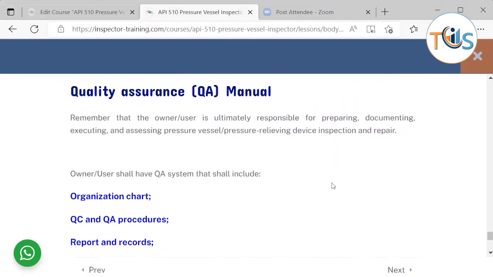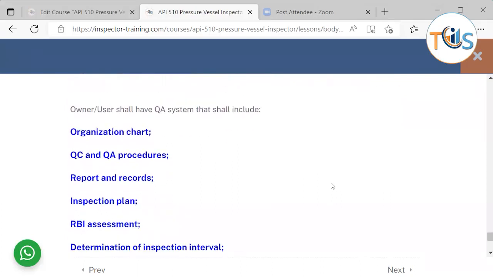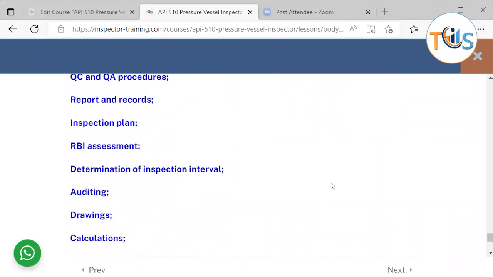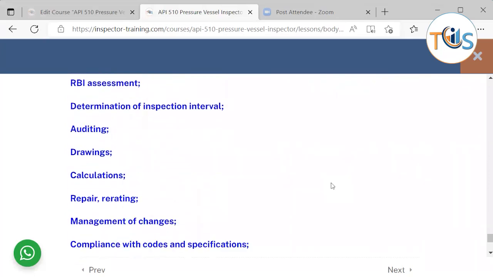The quality assurance manual is a quality management system, and it includes the org chart, procedures, reports, resources, and plan. If there was any RBI assessment, determining inspection interval, auditing to see that everybody is working according to procedure, there is no non-conformity.